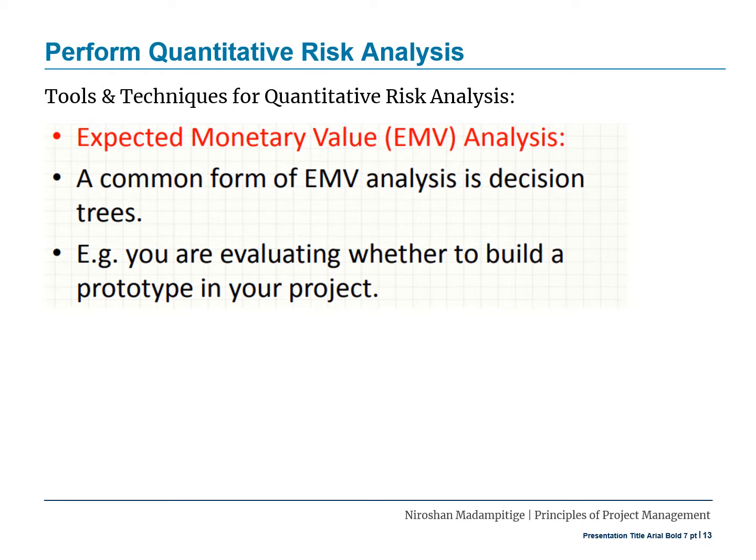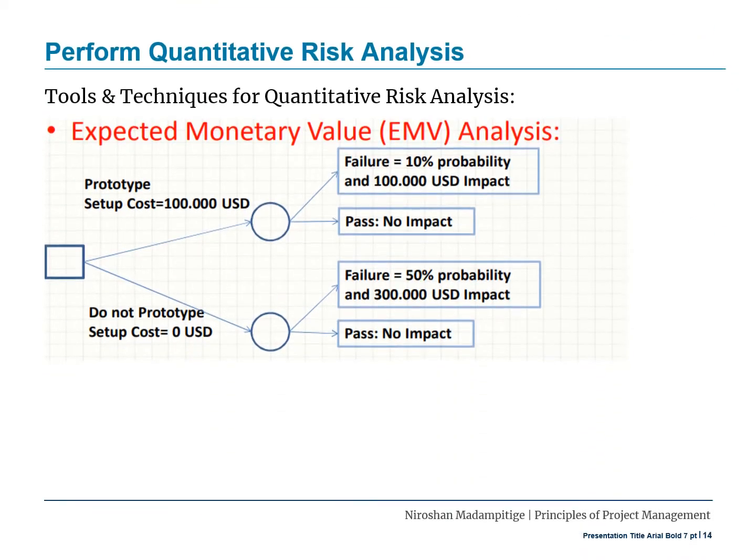A common form of expected monetary value is decision trees. Example, you are evaluating whether to build a prototype in your project or not. Here is an example of a decision tree. So this is how it goes. The prototype setup cost is 100,000 USD.